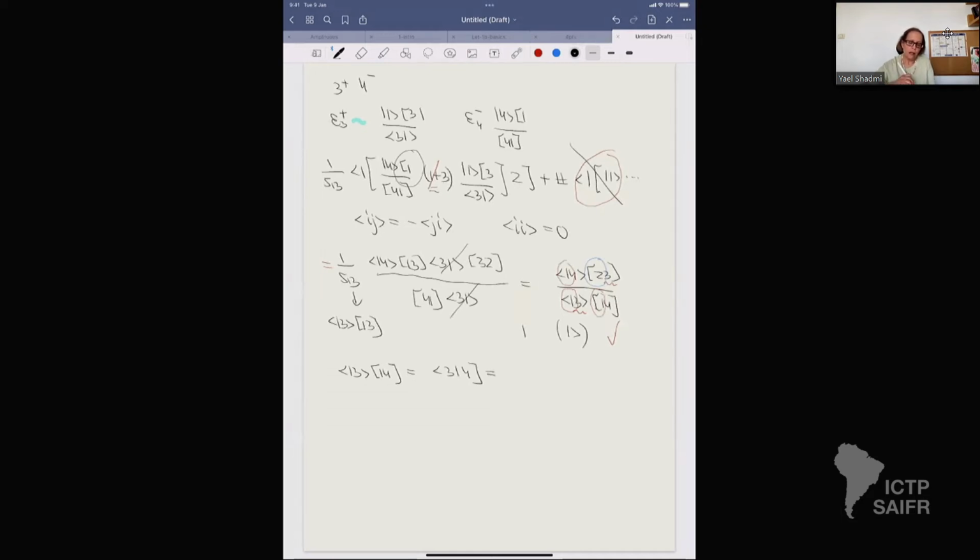Now we can use momentum conservation. This thing is equal to -3 times 2 plus 3 plus 4, because I just used momentum conservation to replace 1 by -(2 plus 3 plus 4). So now the 3 acting on this 3 spinor is going to drop out. So this guy cancels. Similarly, the 4 goes away.